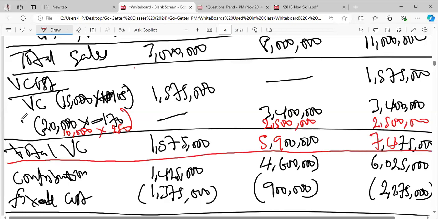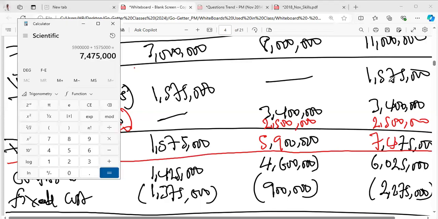Your contribution is going to change. So we have 7,475,000. Take it from 11 million, we're going to have 3,525,000.